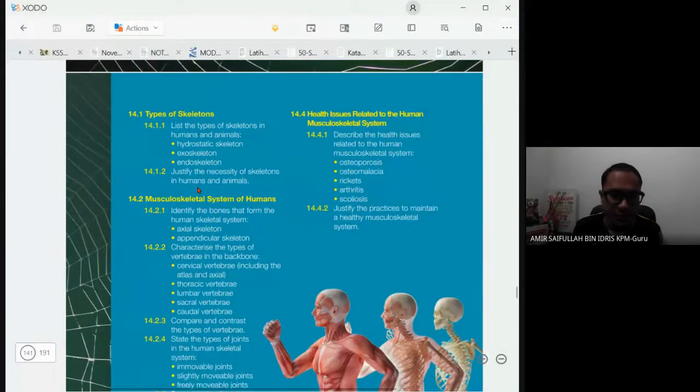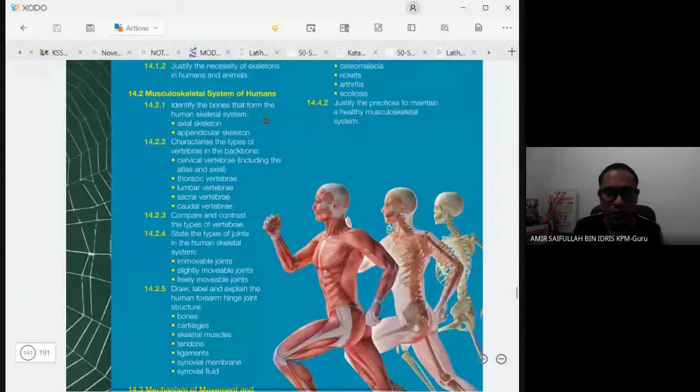Next, 14.2, we are going to identify the bones that form the human skeletal system. So we are going to see all the names of all our bones in human. Next, characterize the types of vertebrae. Vertebrae ialah tulang belakang.